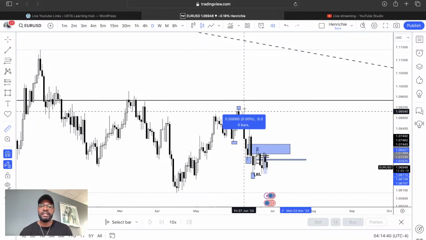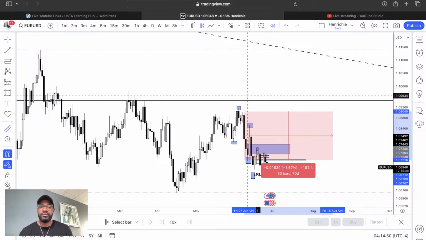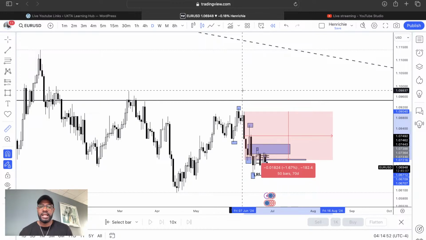For example, from this high to this low, 1.67%, and that happened in 1 day.